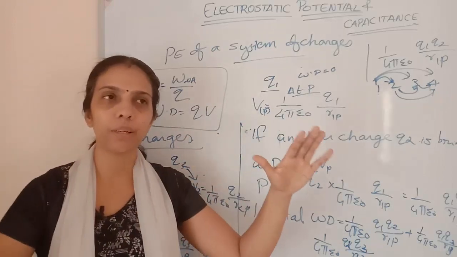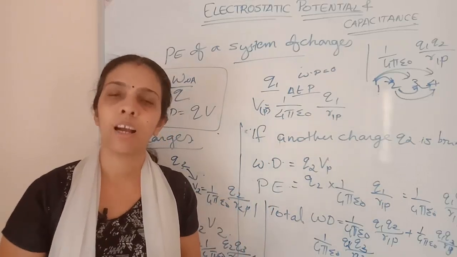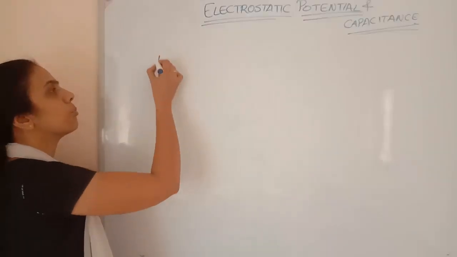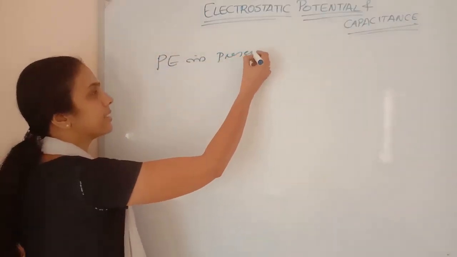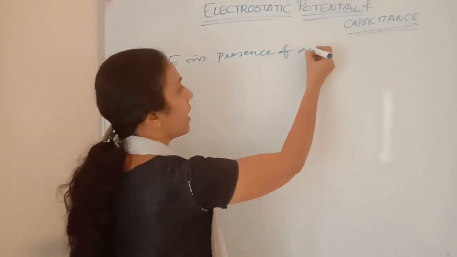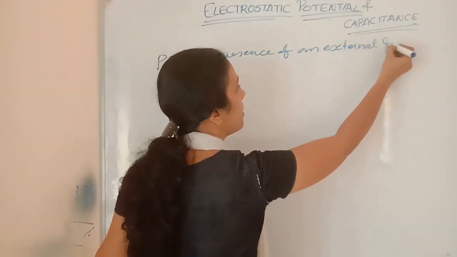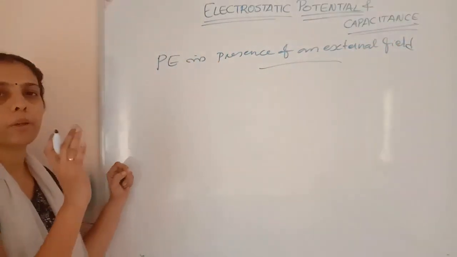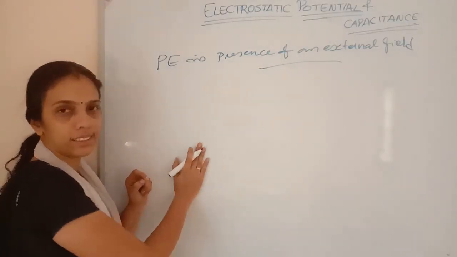So in presence of an external electric field, if I am bringing a charge, what will be the potential energy? Suppose an external electric field is present; what will be the potential energy to bring a charge into this external field?